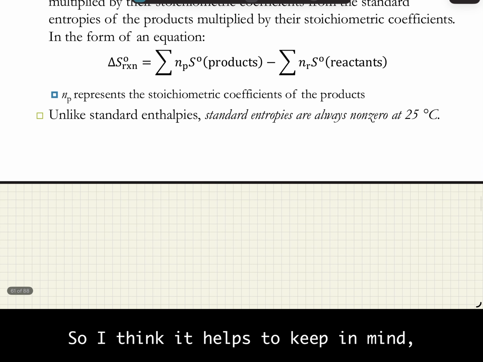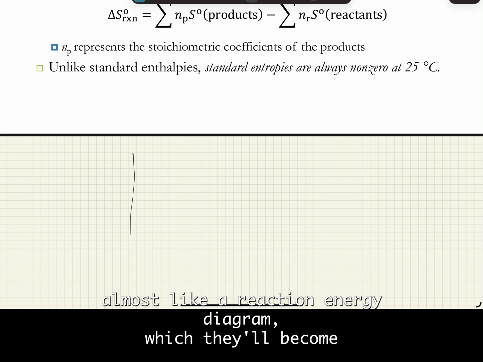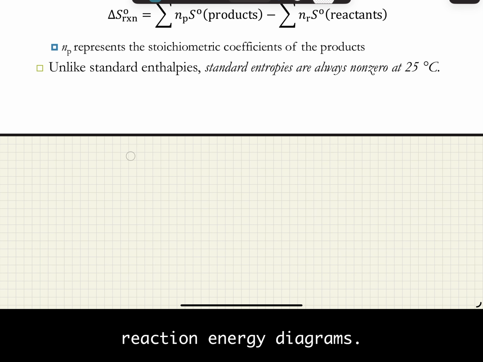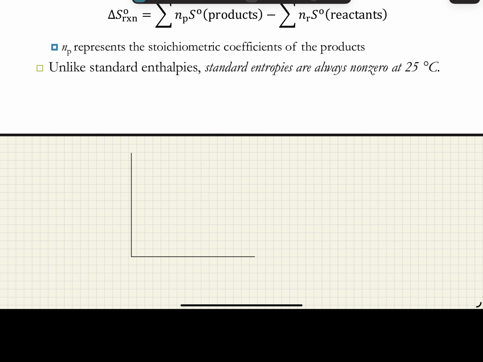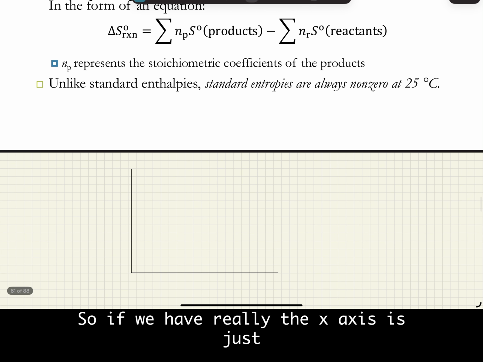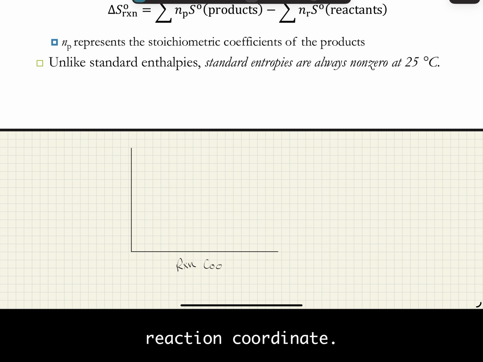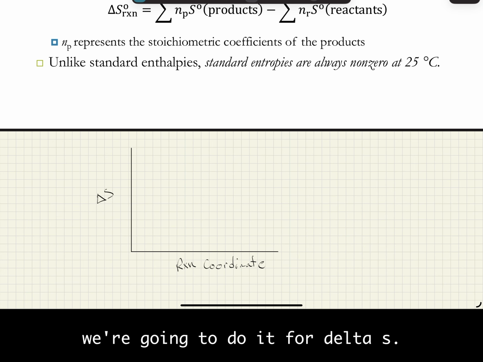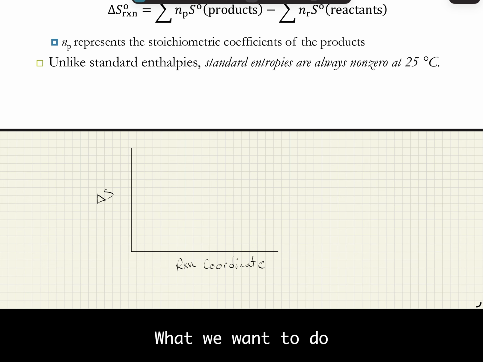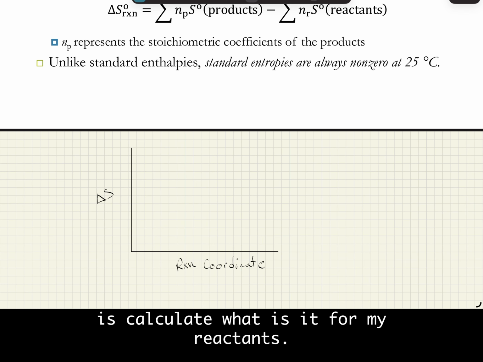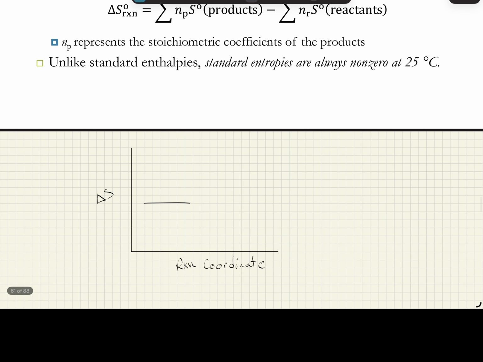So I think it helps to keep in mind almost like a reaction energy diagram, which they'll become reaction energy diagrams. Right, so the x-axis is just reaction coordinate. And in this case, we're going to do it for delta S. What we want to do is calculate what it is for my reactants.